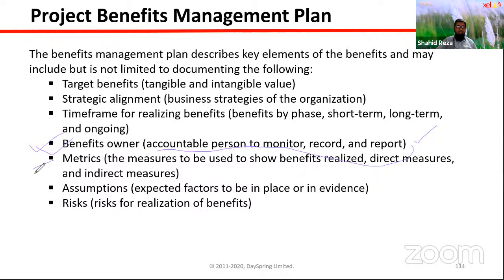If there are any other metrics that you want to measure whether you have achieved your goal or not, you can also include them in this document. Then you should also add assumptions, constraints, and risks, because based on assumptions and risks, maybe the benefit you are targeting can be reduced or deferred. So these are the contents of benefit management plan.